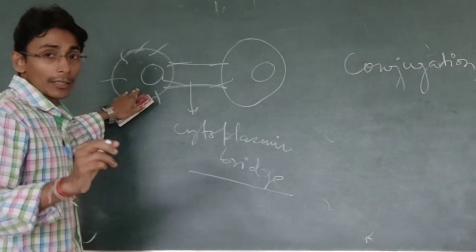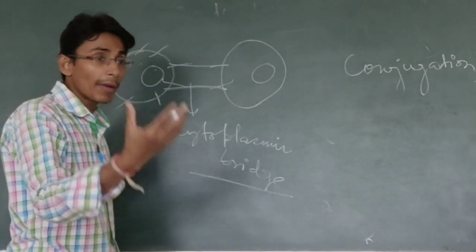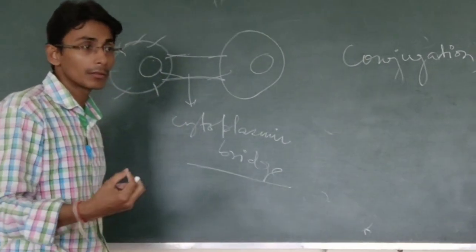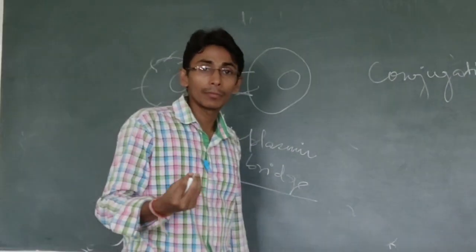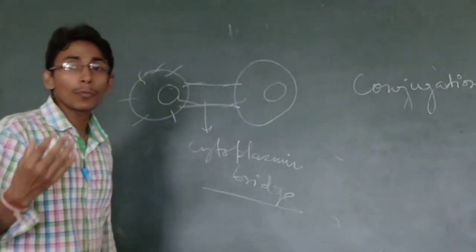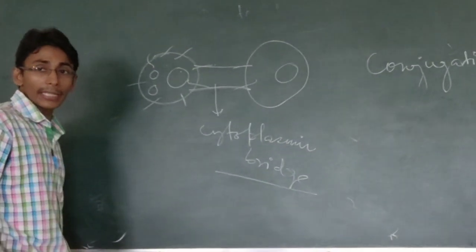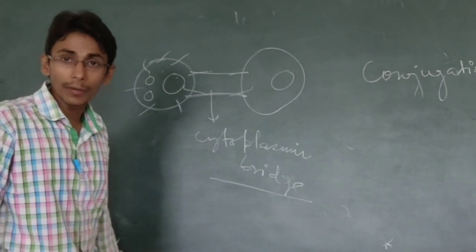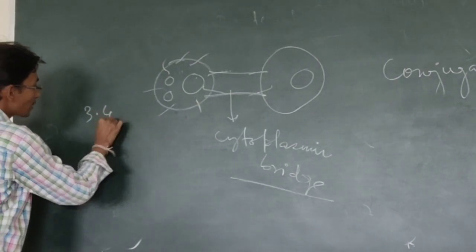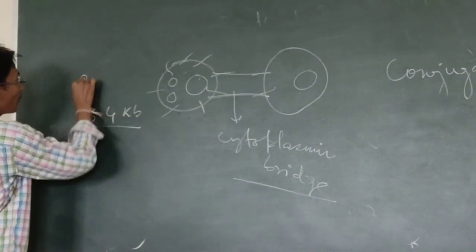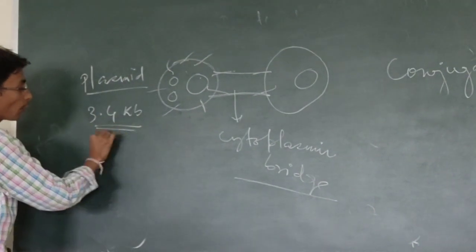There is another thing we should know about. Some bacteria possess plasmids. It is called the extrachromosomal element, the extrachromosomal inheritance. The plasmid's average size is 3.4 kb.